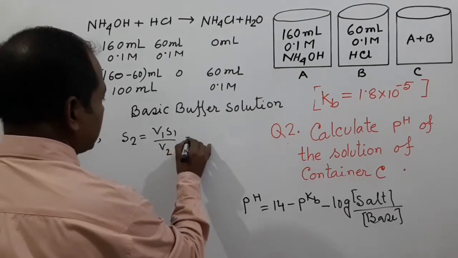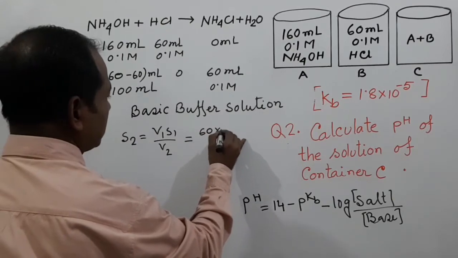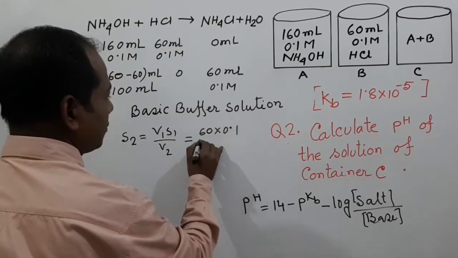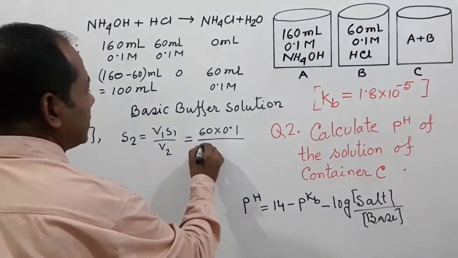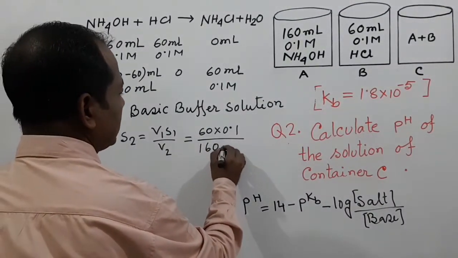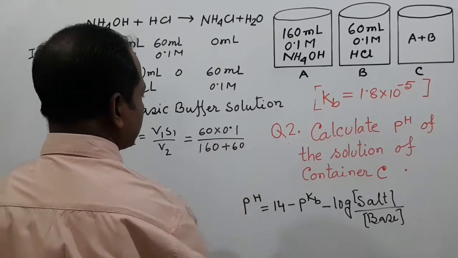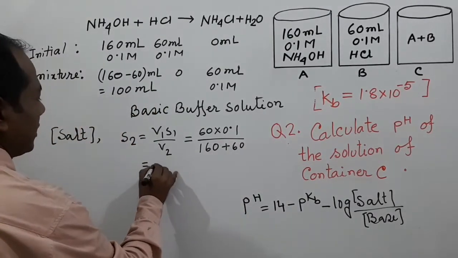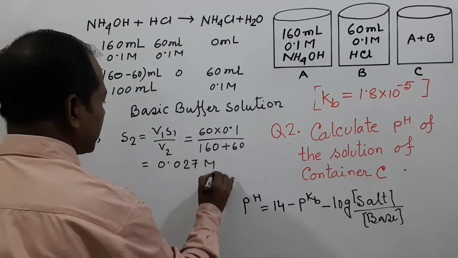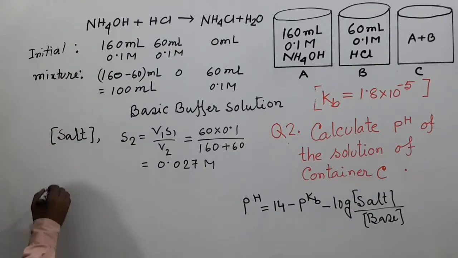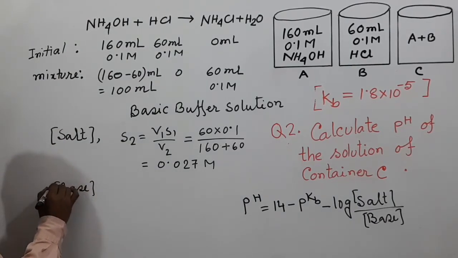This is 60 into 0.1, divided by the total volume. My dear students, the total volume is 160 plus 60 ml, and we get the value 0.027 molar.